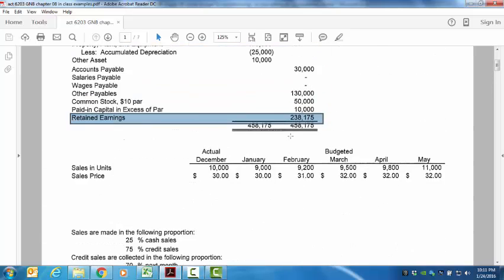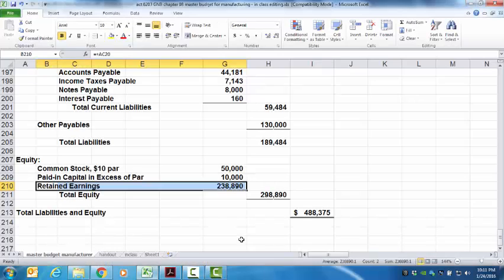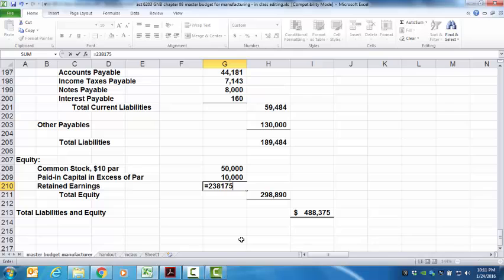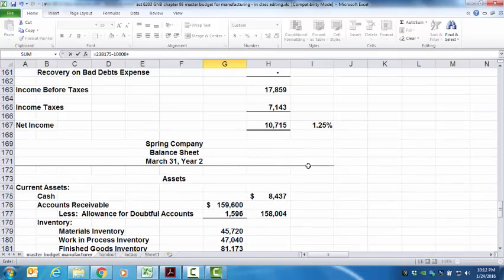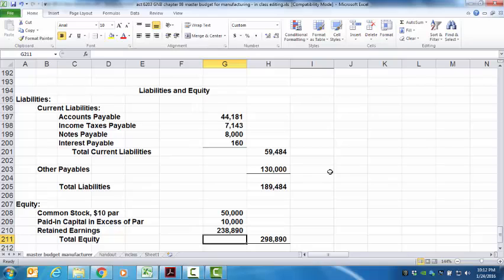So let's take this $238,175 and start with it. We're going to subtract those dividends and we're going to add to it what profits we had, which weren't much, $10,715, but hey, it was enough. And that's where you get the $238,891.